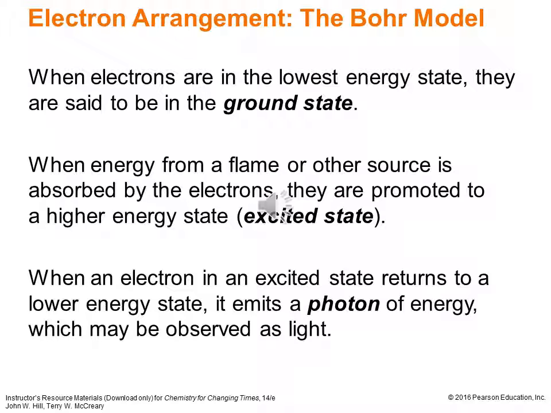If energy is put into the system from a flame or electricity source or some other sort of voltage scenario where the electrons in the atom absorb energy, now those ground state electrons, or at least some of them anyway, are promoted to a higher energy state. So we would say that those electrons are now in an excited state.